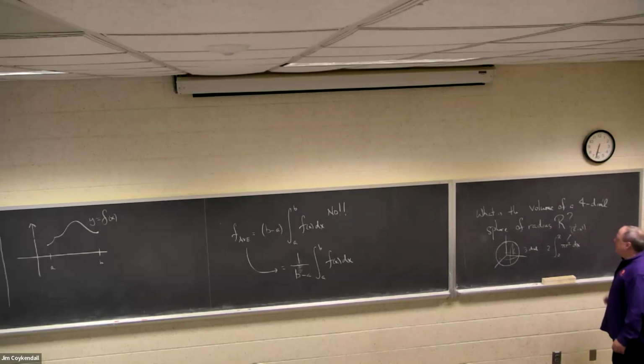What is the answer to this? Well, I know something about units and symmetry. Here's what the answer is, a little facetiously: alpha R to the 4th. End of story. The only question is, what's alpha? It's actually pi squared over 2. So go home and see if you can figure that out.